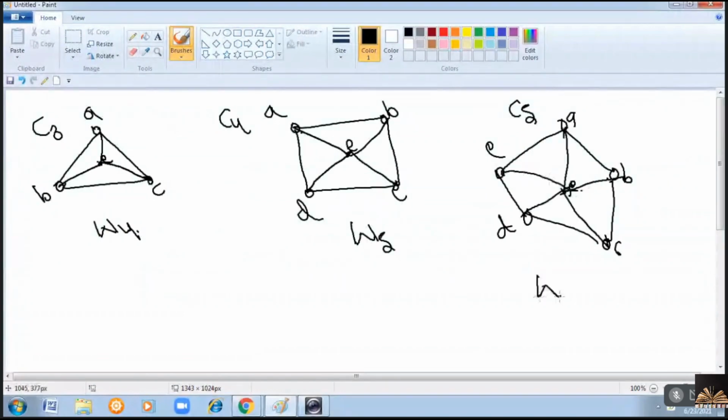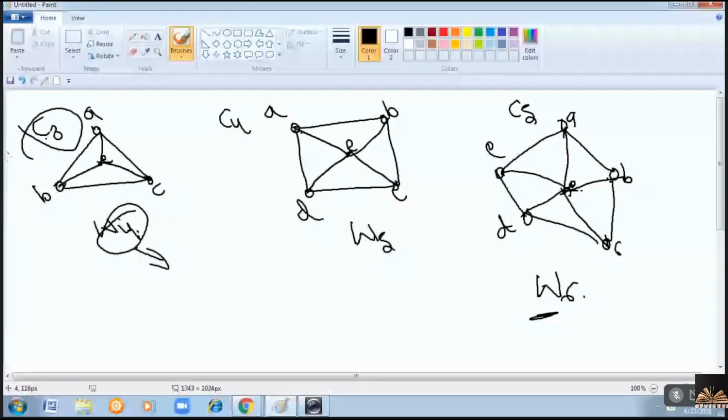So W6 is the wheel graph. Okay. So the minimum cycle graph is 3, that means the minimum number of vertices should be 3. So with a wheel graph, the minimum number of vertices should be 4. So W4 is the minimum wheel graph, C3 is the minimum cycle graph. Clear?